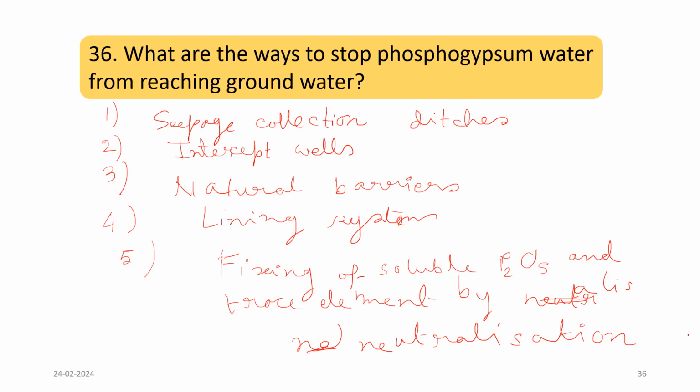So we can fix this issue from reaching groundwater. We can stop phosphogypsum water by using these five methods.